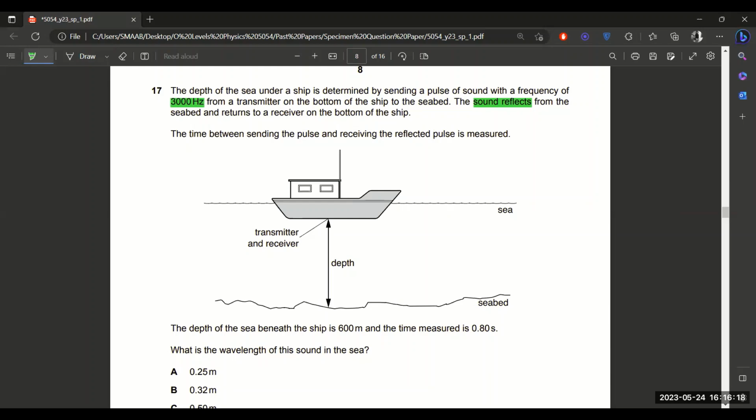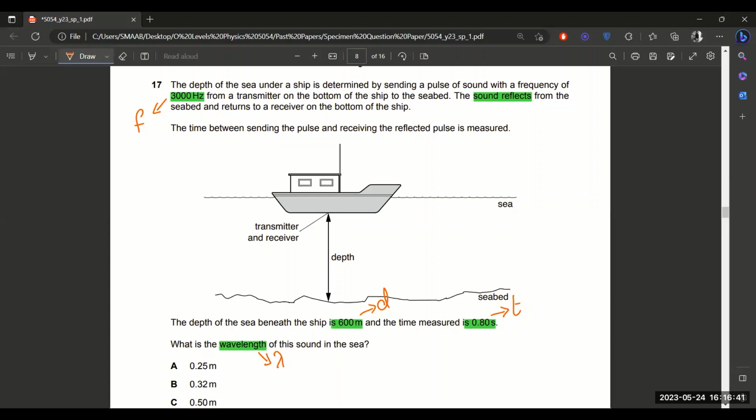The depth of the sea under the ship is 600 meter and the time measured is 0.80 second. What is the wavelength of this sound in the sea? So basically we have a value of frequency, a value of distance, and a value of time, and we need to find the wavelength.